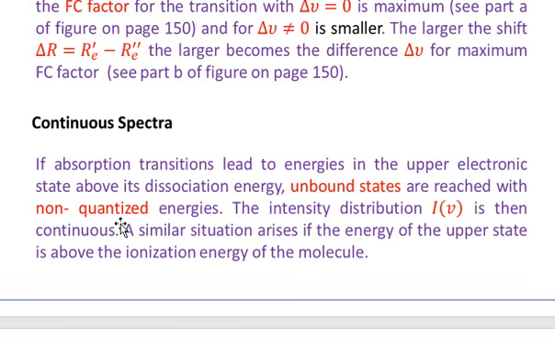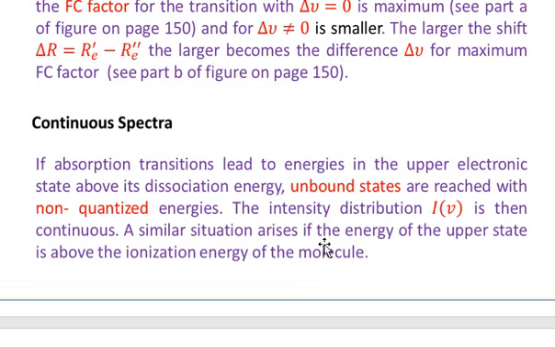The intensity distribution I as a function of nu is then continuous, because if the upper state above the dissociation energy is not quantized, then the transitions from such states will also be unquantized.